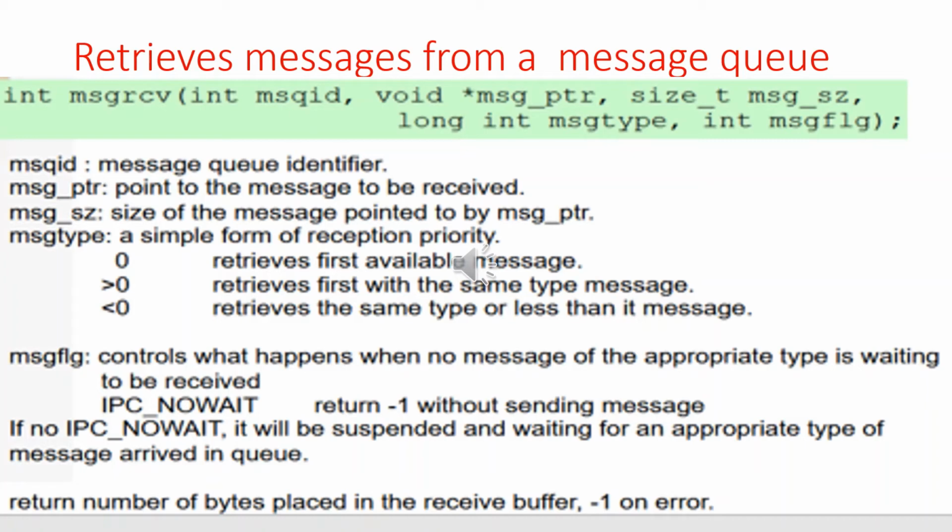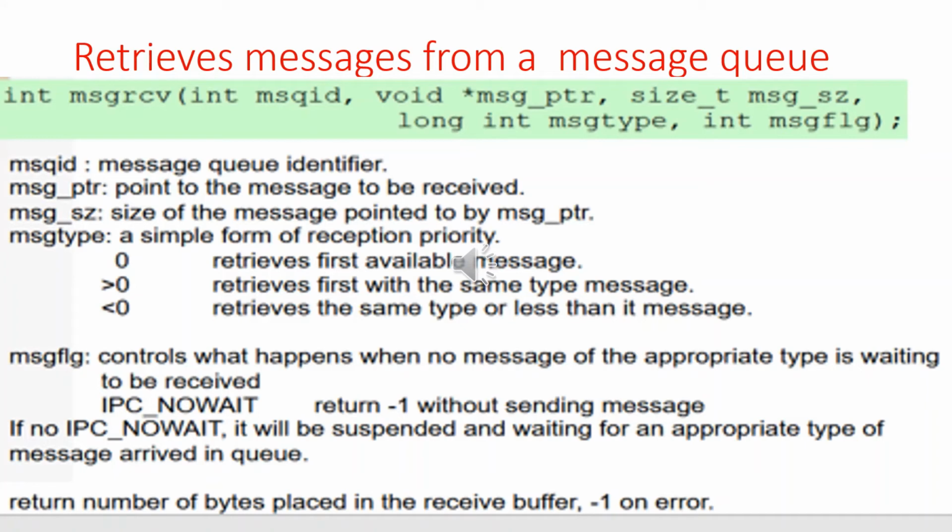Here msgflg controls what happens when no message of the corresponding type is waiting to be received. With IPC_NOWAIT, it returns -1 without receiving a message.